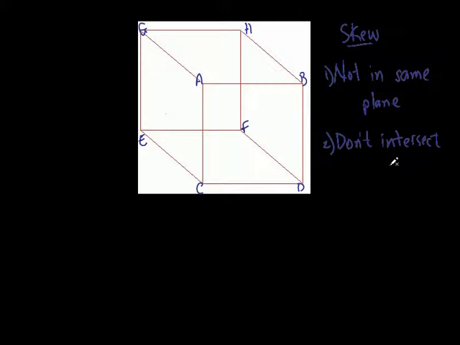No, they'll never intersect each other. But does that mean they're parallel? No, because they don't lie in the same plane. They don't have the same plane in common, so they're not parallel. So they're skew.